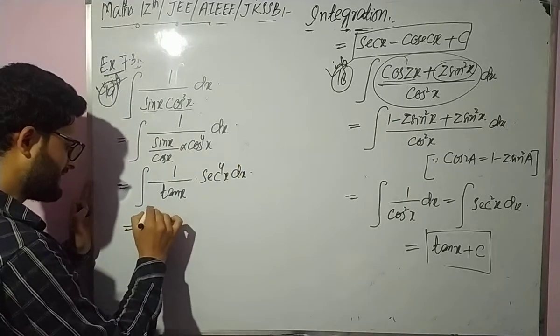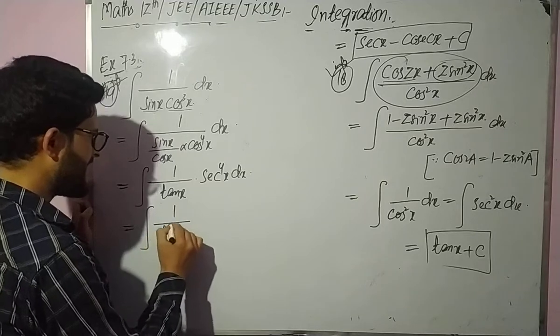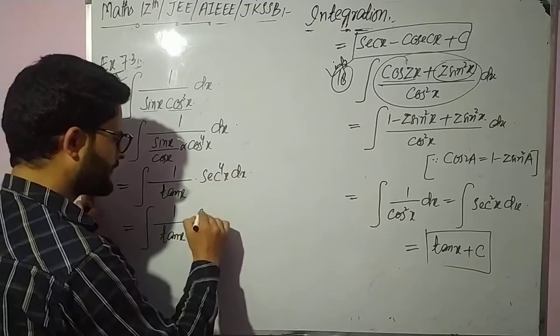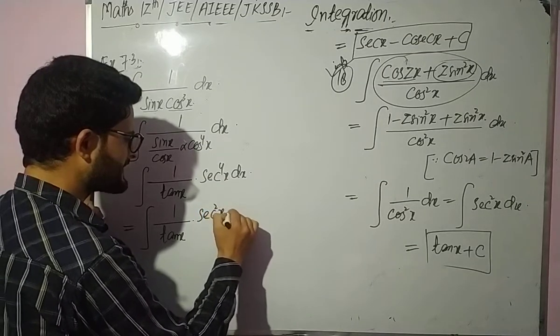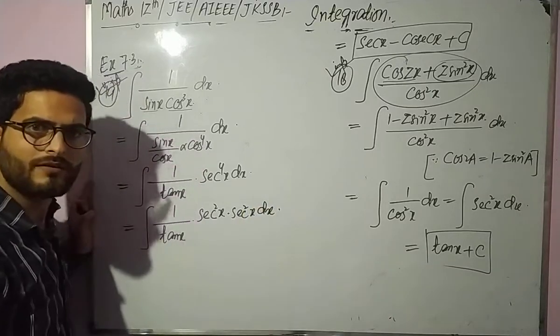Now that can be further written as integration of 1 divided by tan x into sec raised to power 4, which can be written as sec square x into sec square x dx. Right?